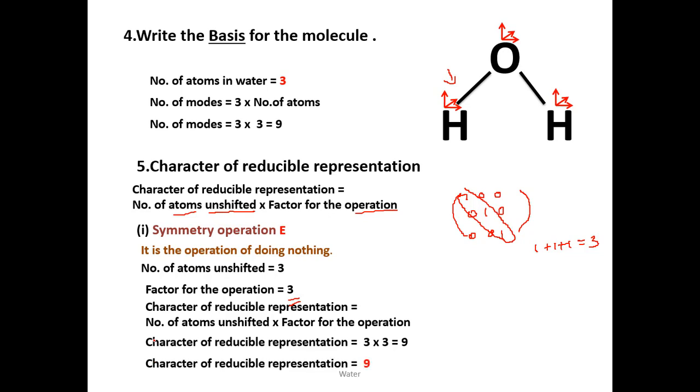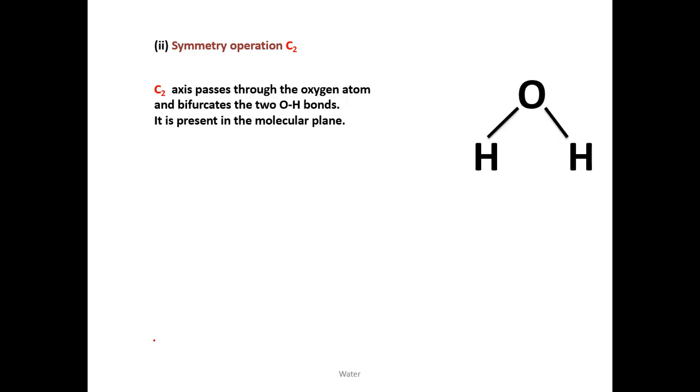The next operation which we will consider is the symmetry operation C2. Let us look how the C2 axis exists in water molecule. The C2 axis passes through the oxygen atom and it bisects the two OH bonds, and the C2 axis is present in the molecular plane.